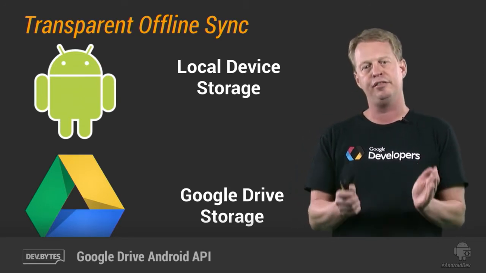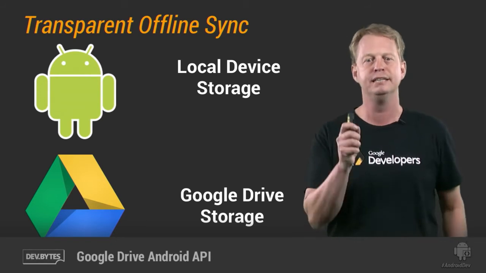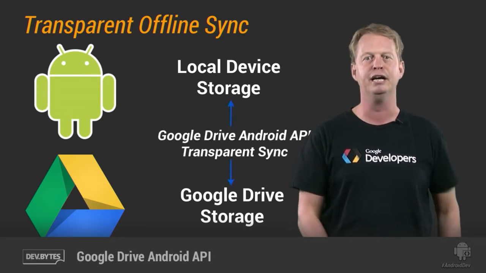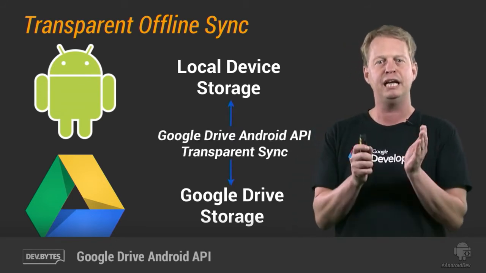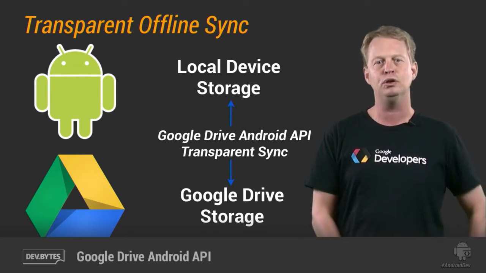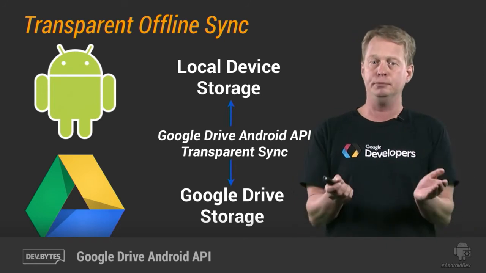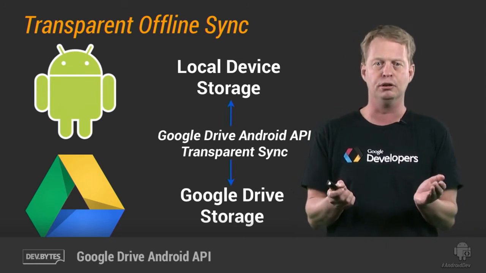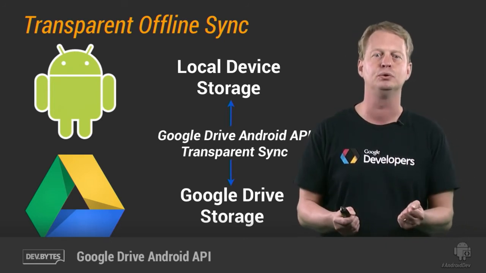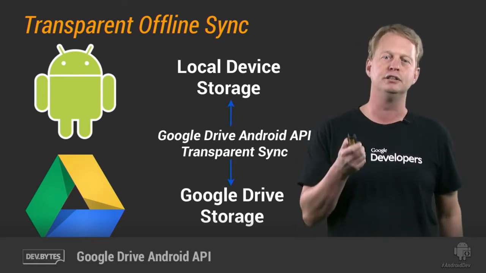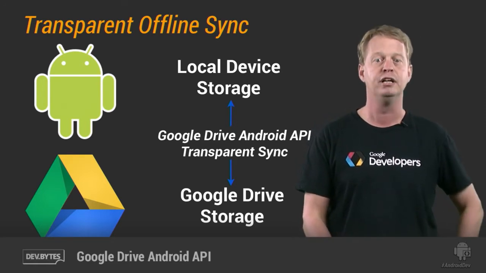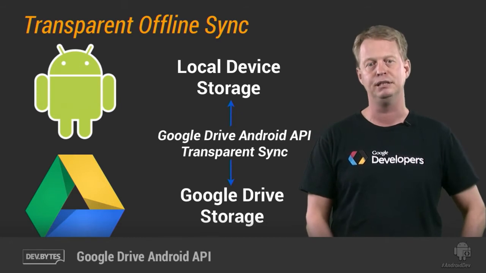This makes storing things in the cloud difficult, but not with the Google Drive API, because the Google Drive Android API will make sure that your app will never fail when it writes data. And should communication with Google Drive not be possible, the API will temporarily store data locally and later sync that to Google Drive once connectivity has been re-established.